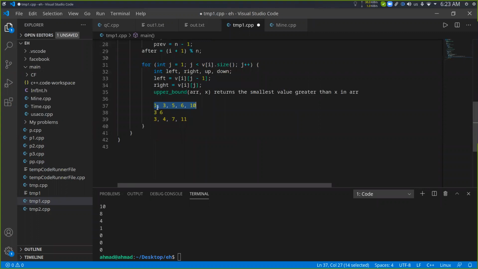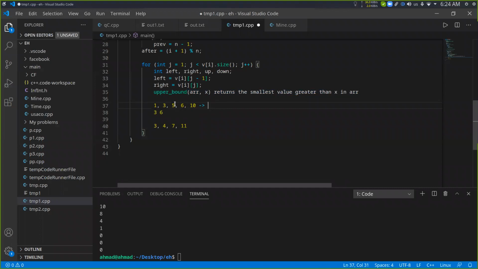I want to count the number of bridges between 3 and 6, so I will use upper bound on 6 and 3. I'll use upper bound on 6 and get the number of values greater than 6, which is 1, right? But upper bound doesn't actually return the number of values, it returns the index, okay?